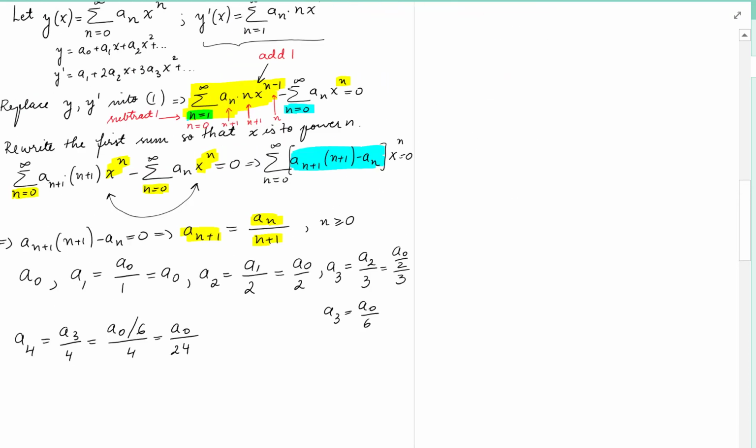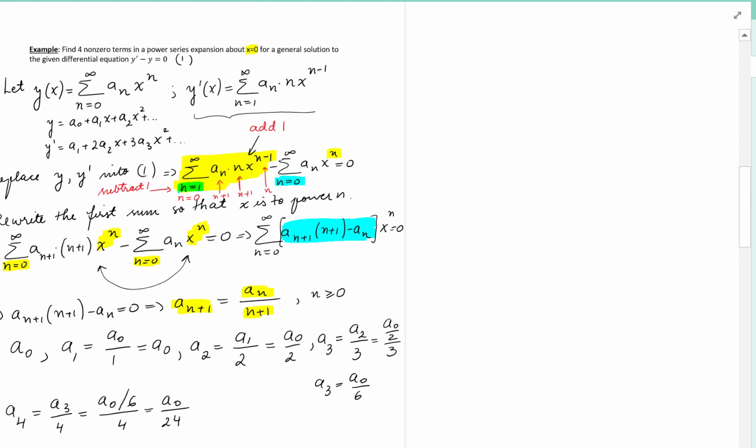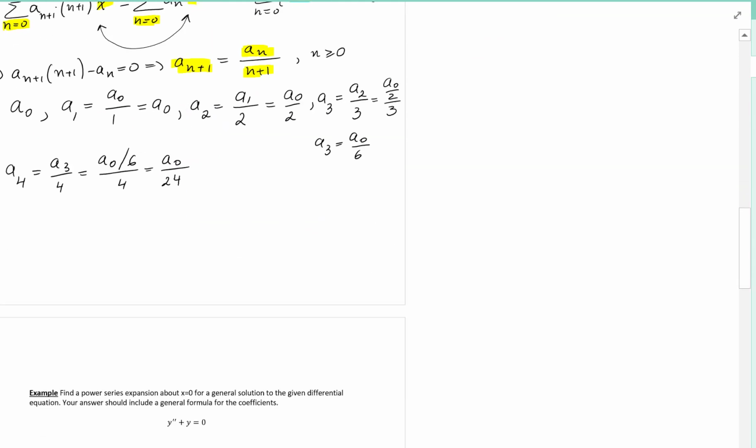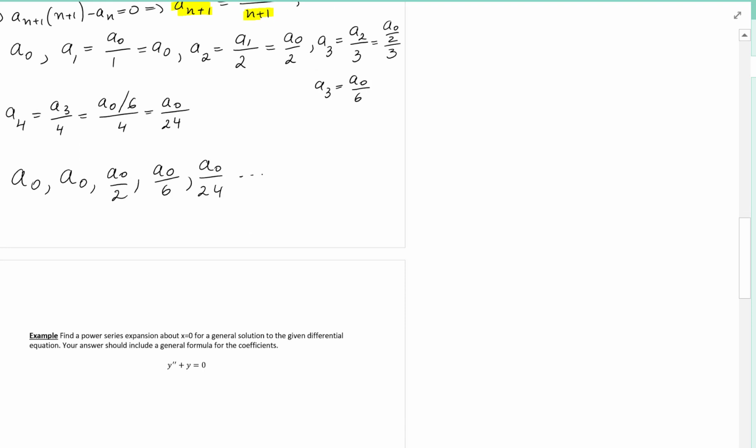What did they want us to find? They wanted us to find the first 4 non-zero terms. So basically the terms are a naught, a naught, a naught over 2, a naught over 6, and I can go a little bit further and say a naught over 24. And it's an interesting problem because I guess we can go a little bit further than the problem.